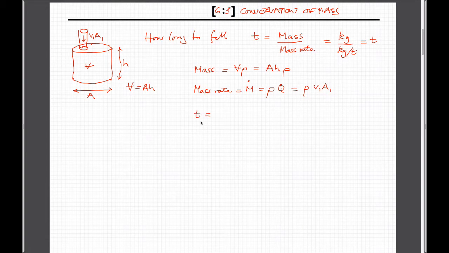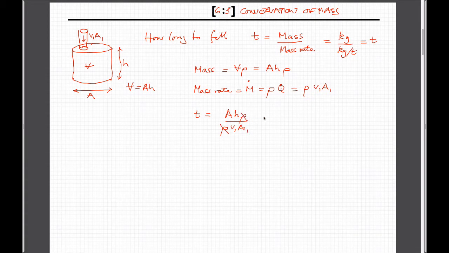And so if we want to calculate the time, we don't have to have this class to be able to figure out how long it takes to fill a bucket. You just look at the ratio of those, and it should be area times height times density divided by density times v1 A1.